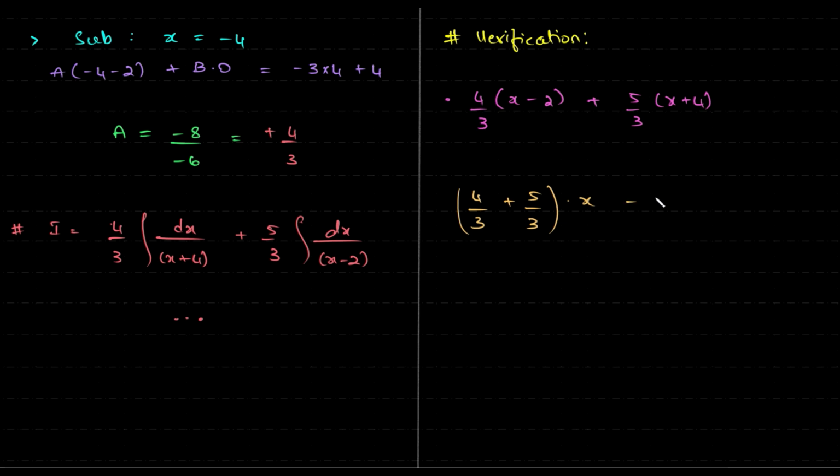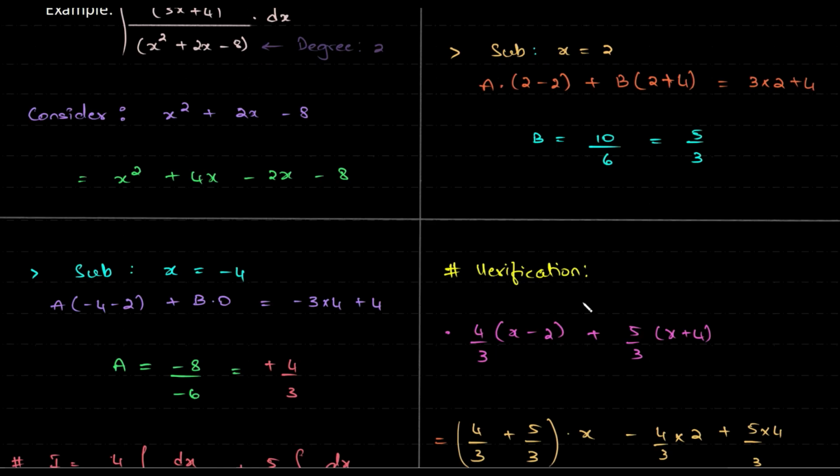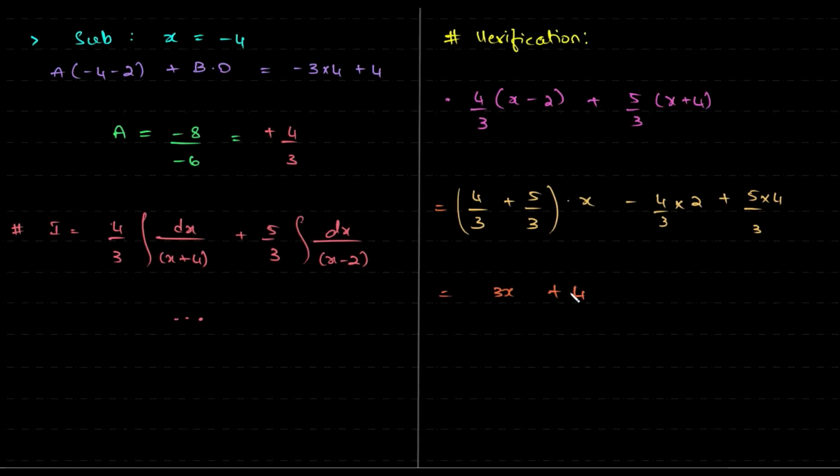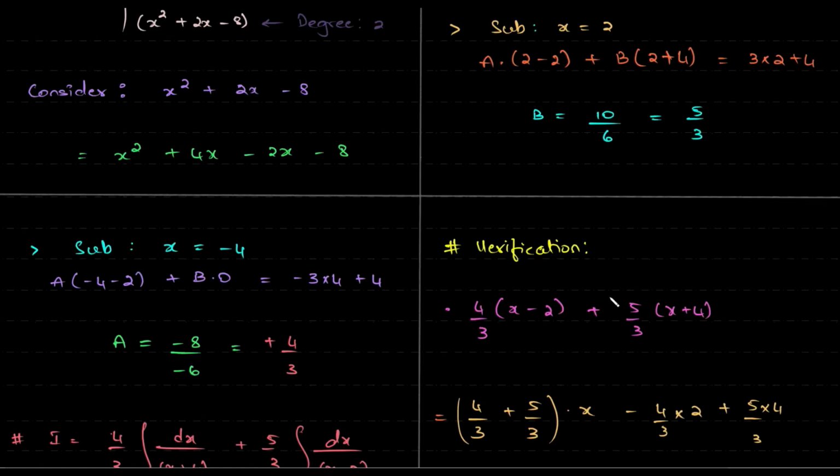So we have minus 4 by 3 into 2 plus 5 into 4 by 3. And this would be 9 by 3, so 3x minus, this is 8, this is 20, that would be 12, and 12 by 3 is 4. Oh, wait, this is plus, by the way, 20.